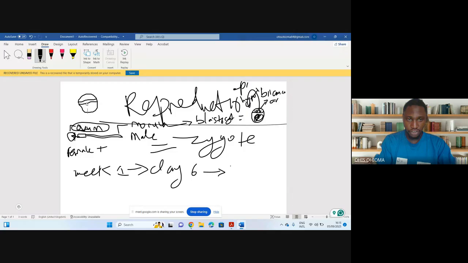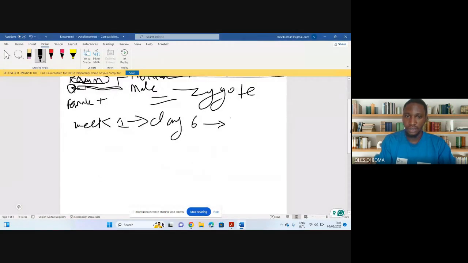And then there's a formation of a primitive streak that marks the beginning of what we call gastrulation. That primitive streak goes all the way down and forms an invagination through which the epiblast migrates inside. So there's a migration of cells from the epiblast into the space between the hypoblast and the epiblast. This process is known as gastrulation, and here you have the formation of a trilaminar disc.